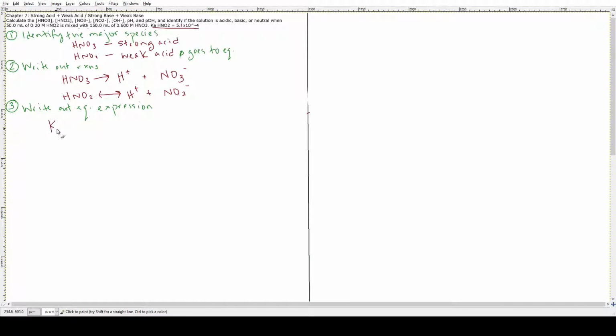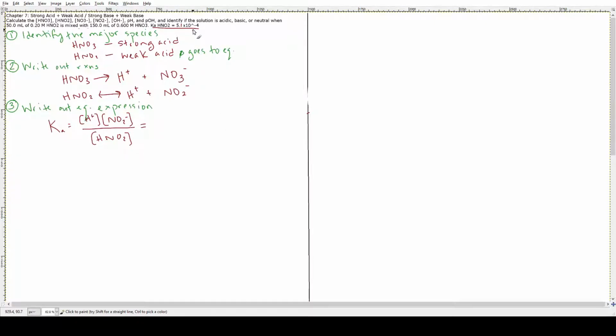Since it is an acid, what is my subscript on my K? Should be A for acid, is equal to the concentration of my products, H plus NO2 minus, over the concentration of my reactant. Sure, there's probably water in there somewhere, but it doesn't factor in because it's a liquid.